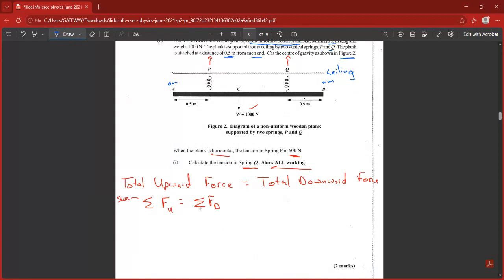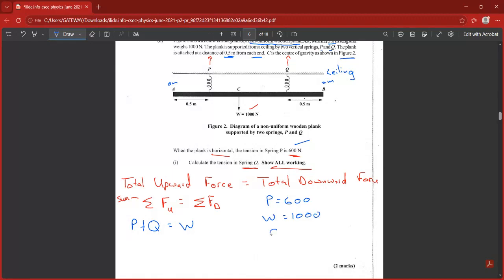So the upward forces are P and Q. We know P is 600. So it will be P plus Q is equal to W. W is the downward force. And we just put in the values now. Remember, we know that P is equal to 600 and W is equal to 1000.